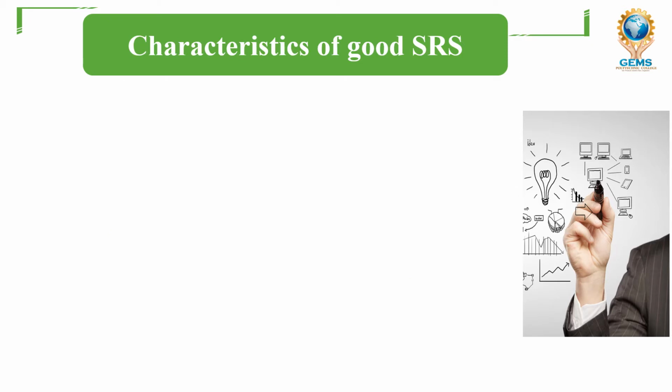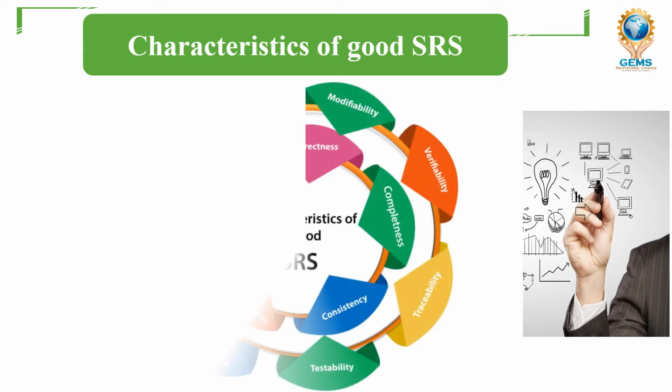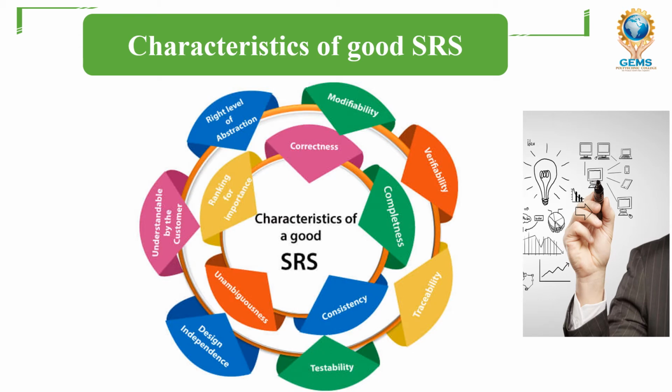Now we will see the characteristics of good SRS. With the help of this picture, I just want to broadly give the idea about the characteristics of good SRS. Here we have correctness, completeness, consistency, unambiguousness, rank for importance. So inside there are 5.